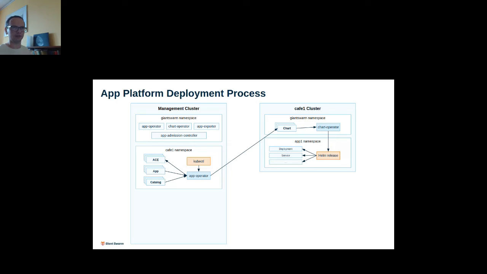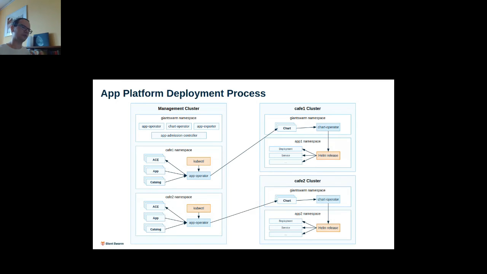Obviously, this scenario shows just one cluster, but if you have multiple clusters, you do this again. You just create a different namespace, and in this namespace, everything works exactly the same. You get a dedicated app operator for your target cluster. This app operator watches namespace restricted resources, so if you have a multi-tenant cluster, this still works. You can have a different set of catalogs in one namespace and a different set of catalogs, apps and ACEs in a different namespace.